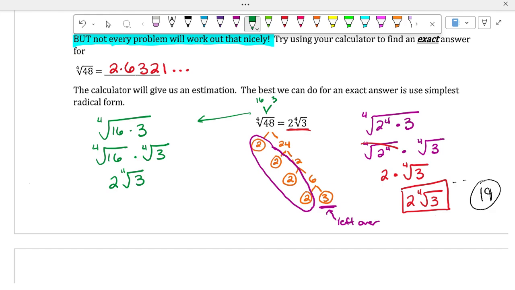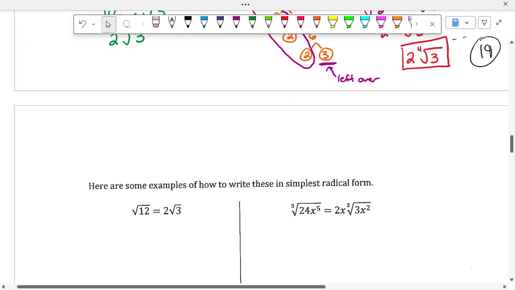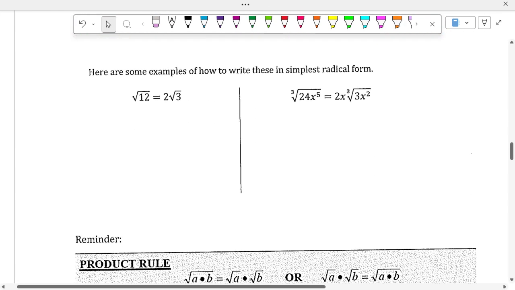All right. So here are some other examples. We know how to simplify this type of radical. It's just a square root. So what's my first step for simplifying a square root? What's the way that I taught you?